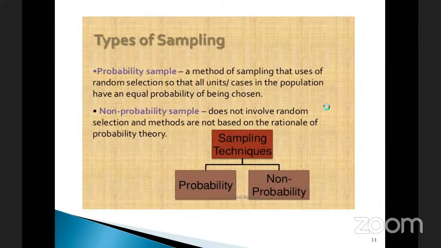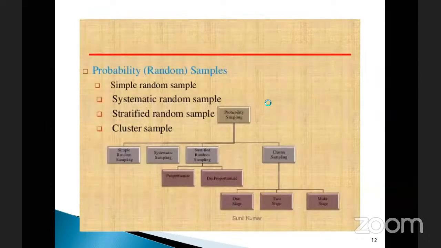A non-probability method is where you don't know the chance of including any of the elements. So it's not based on probability theory. So just note two sampling methods or techniques: probability and non-probability. So we go further to look at them.